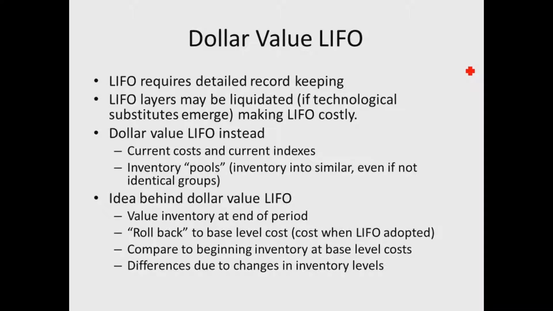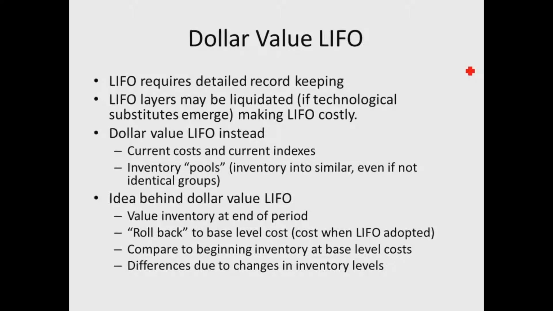So think about it this way. Let's say I have 100 units and it costs me $10 each, and then at the end I have 100 units and they cost me $12 each. The reason the cost of my inventory has gone up is because the price went up, and only because the price went up.